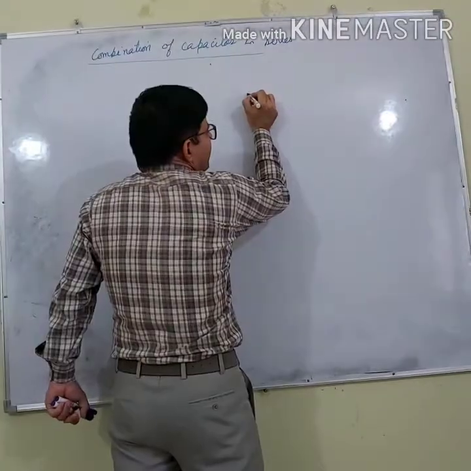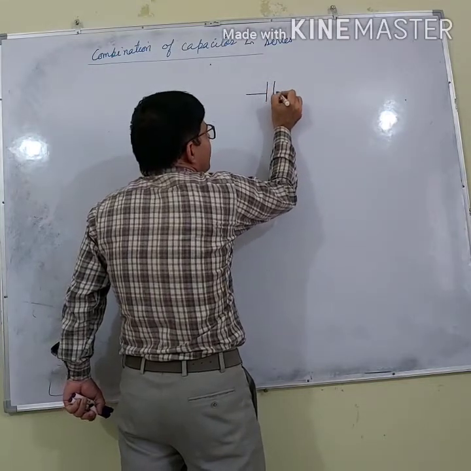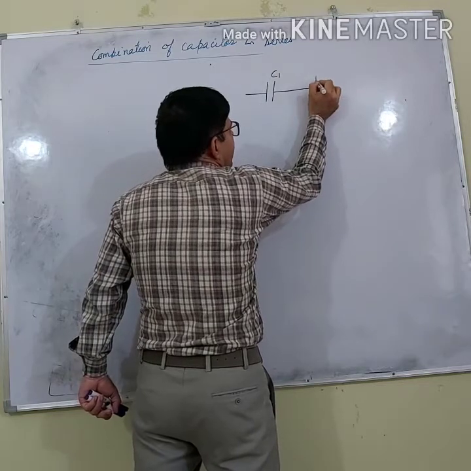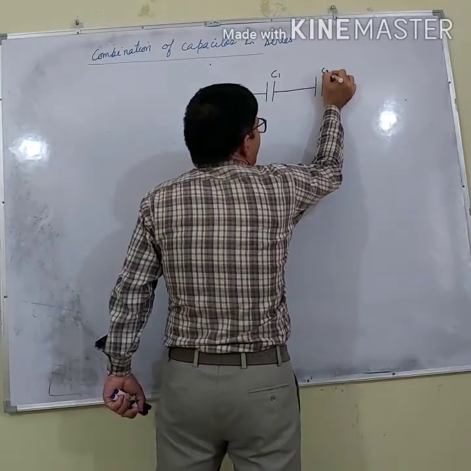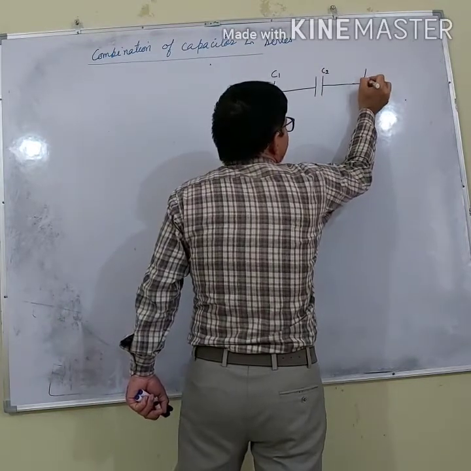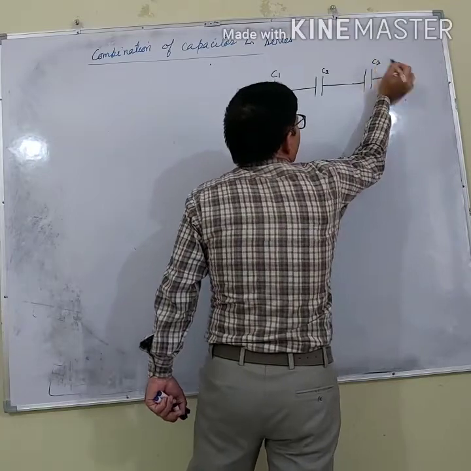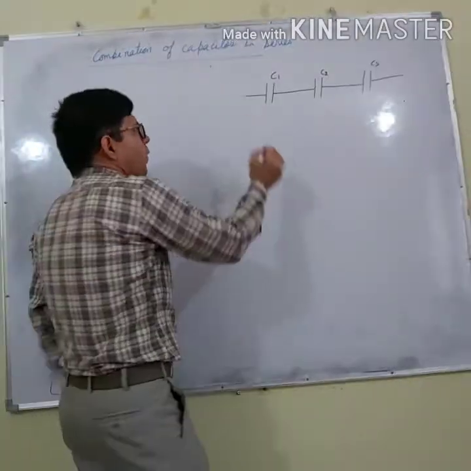Now listen students, let us say I am having a capacitor C1, another capacitor C2, and a third capacitor. You can take more than 3 also, 4, 5, 6, but 3 are sufficient for explanation.